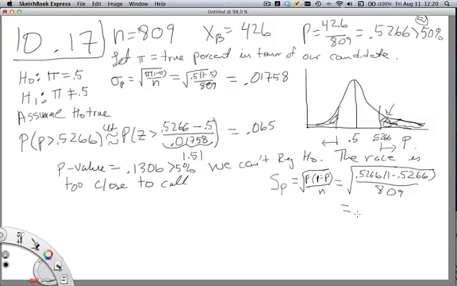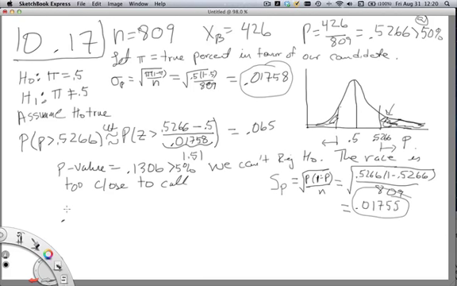Now there's not much of a difference. This is equal to 0.01755, keeping 4 accurate digits, so there's not much of a difference between that number and that number. But if we want to be right, we should be using the standard error to find a confidence interval.